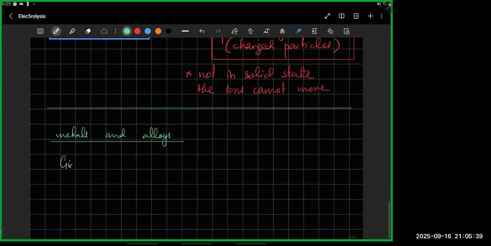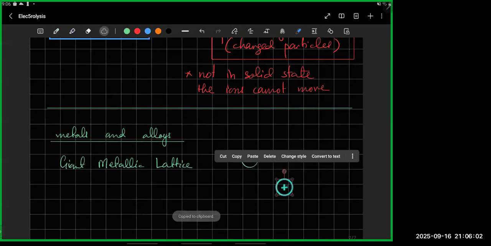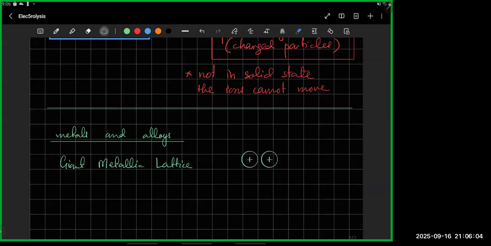That's known as a giant metallic lattice. What does it look like? Metals like to lose electrons. So if you just have metal atoms, they will all start to lose electrons.